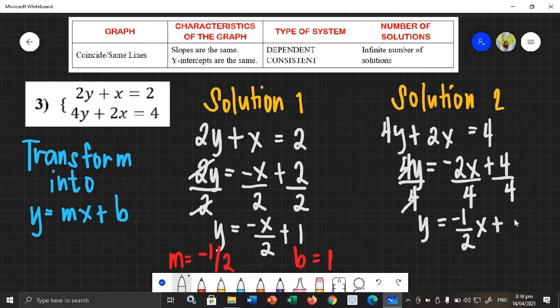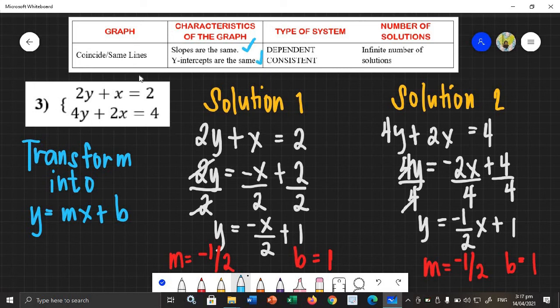Plus 4 over 4 is 1. So ang slope ng second linear equation natin is negative 1/2. Ang y-intercept niya ay 1. So as you can see, they have the same slope, they have the same y-intercept.